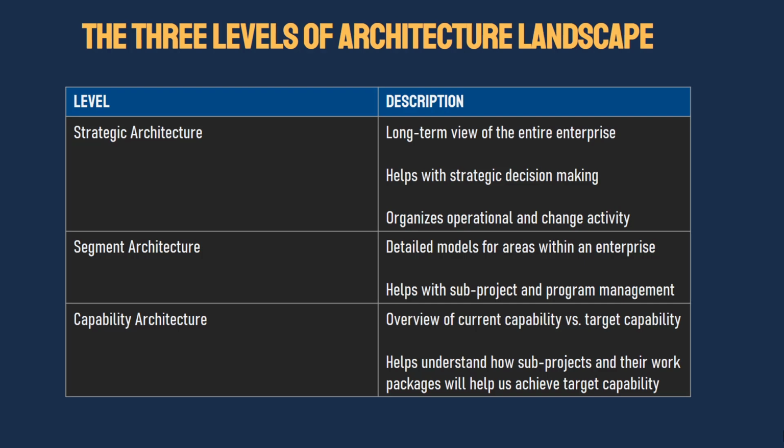Segment architecture has more detailed models for areas within an enterprise and helps with sub-project and program management. Capability architecture is an overview of current capability versus where we want to go with our target capability. It helps understand how sub-projects and the work packages inside them will help us achieve the target capabilities.